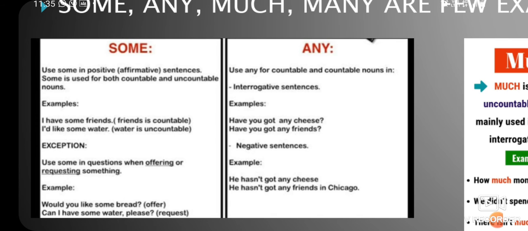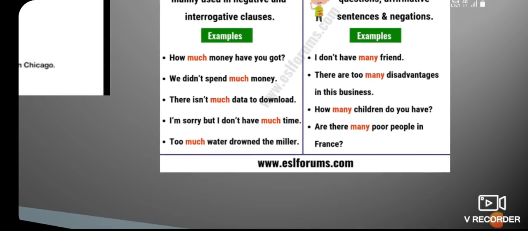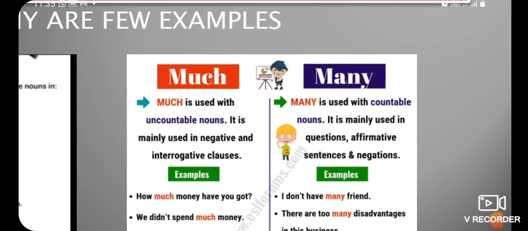Would you like some bread? Can I have some water? I am requesting, please, can I have some water? This is a request. So when you are offering or requesting something, we will use some.